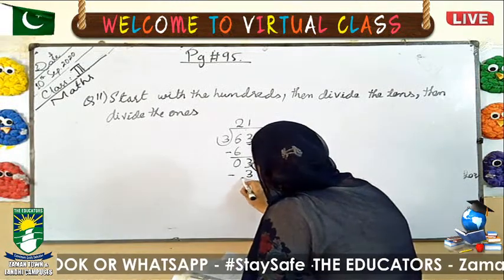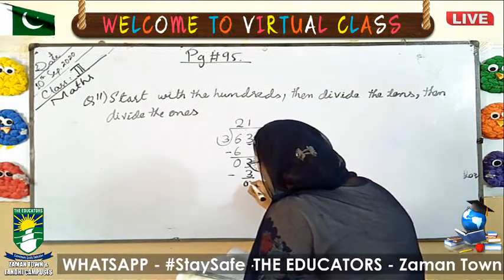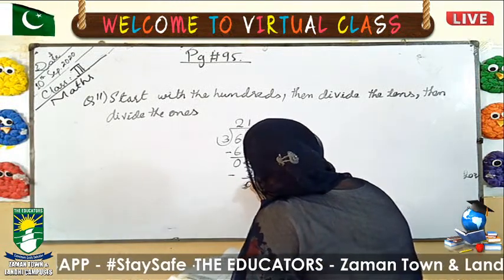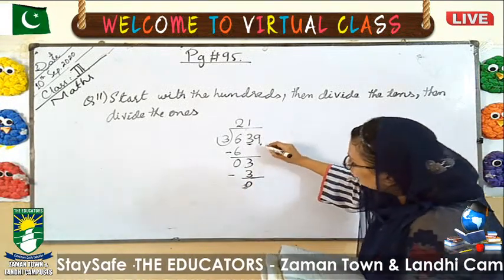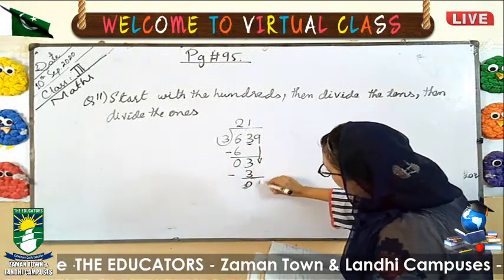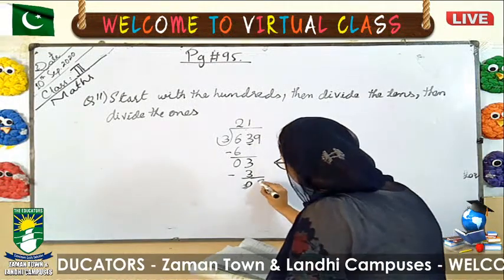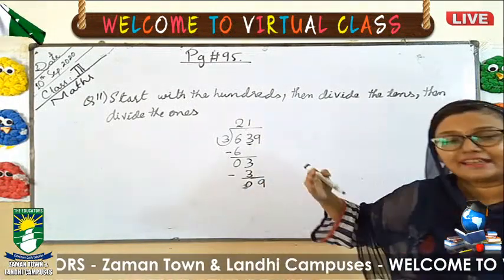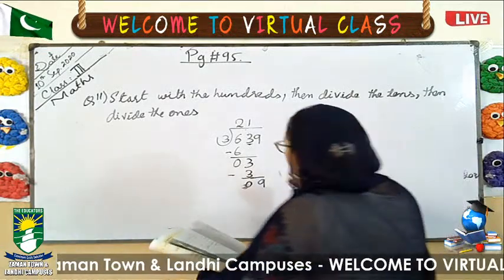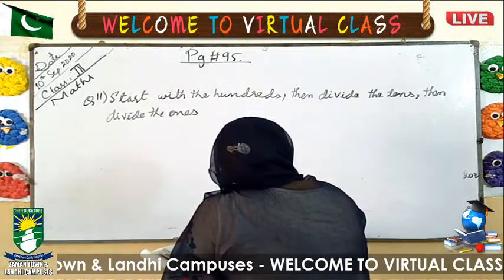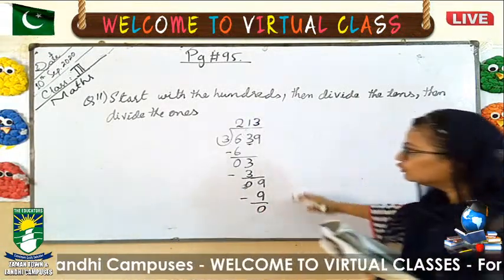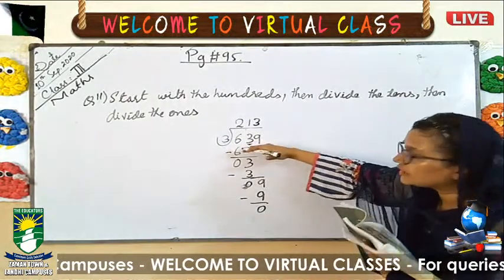Now subtract. Again we don't have any remainder. Now again we bring down this number 9. In the table of 3, 9 is possible: 3 into 3 is equal to 9. Are you getting how you will solve if you have 3-digit numbers?